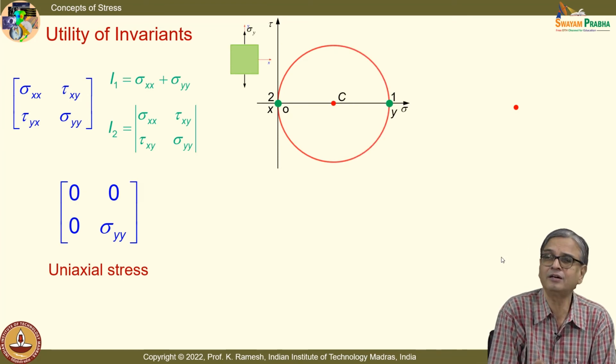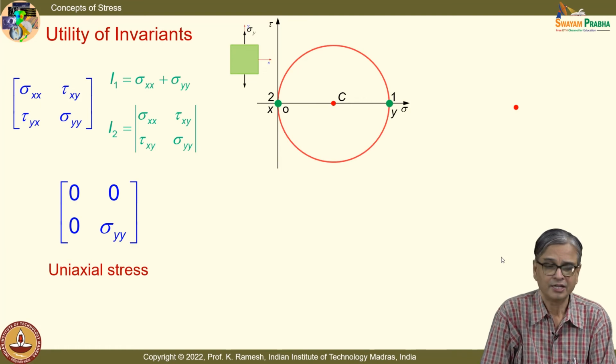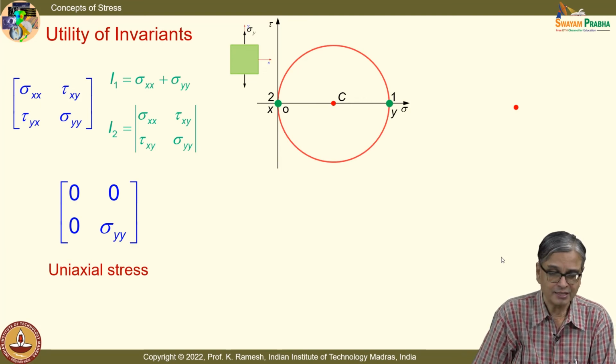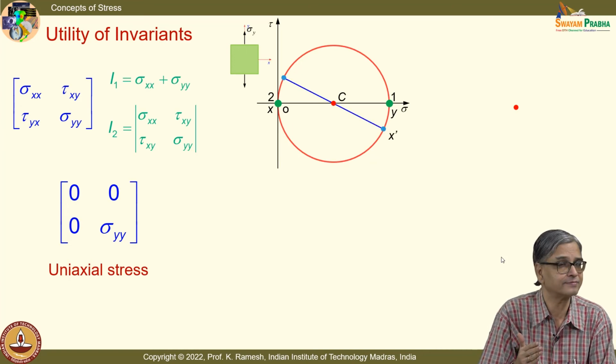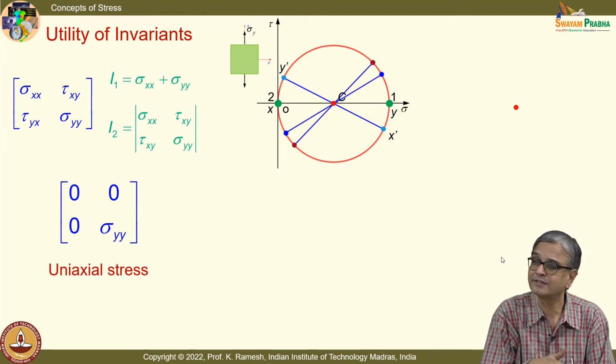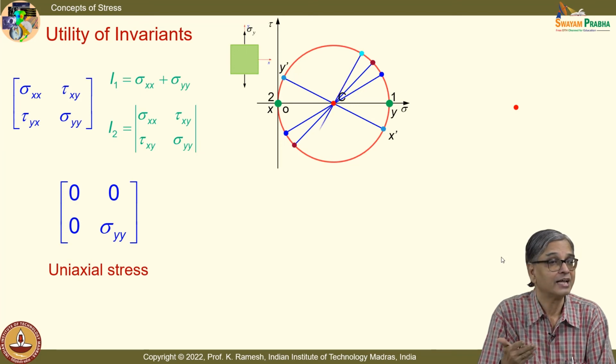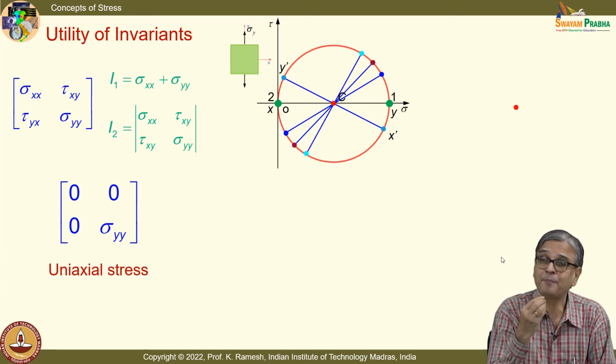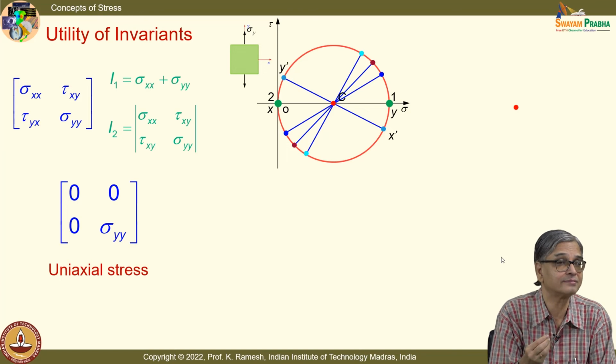And what have we learnt? We have learnt the uniaxial stress state can also be represented in multiple different ways. When I represent it in x prime, y prime or any of the other directions, the complete matrix will be populated. Fine.